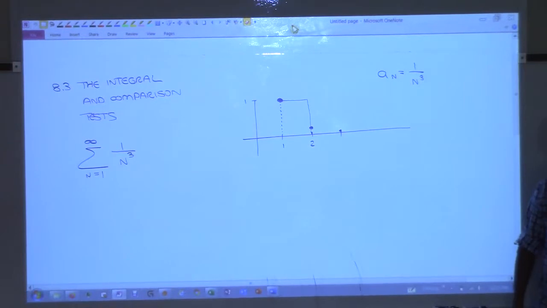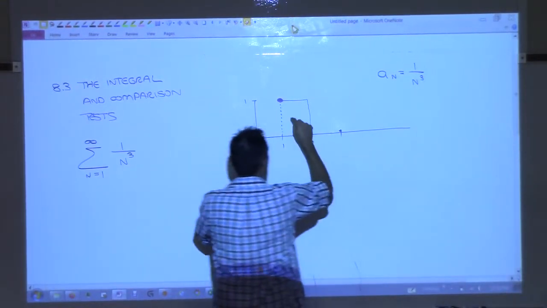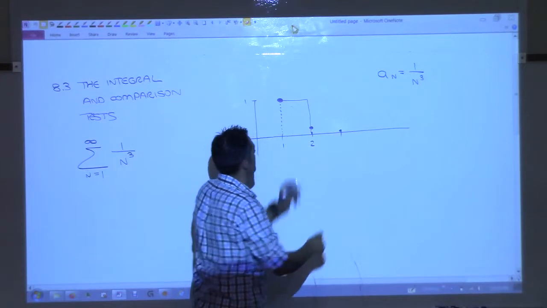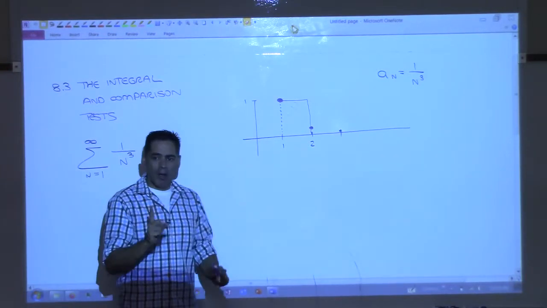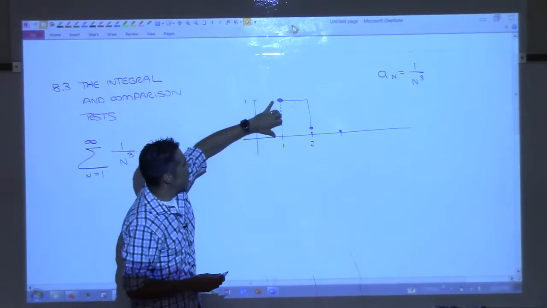Then I create this rectangle, right? And then wouldn't the area of that rectangle be the same as the height of that point in terms of numeric value? So what I'm saying is the area of this should be equal numerically to the height of this right here.